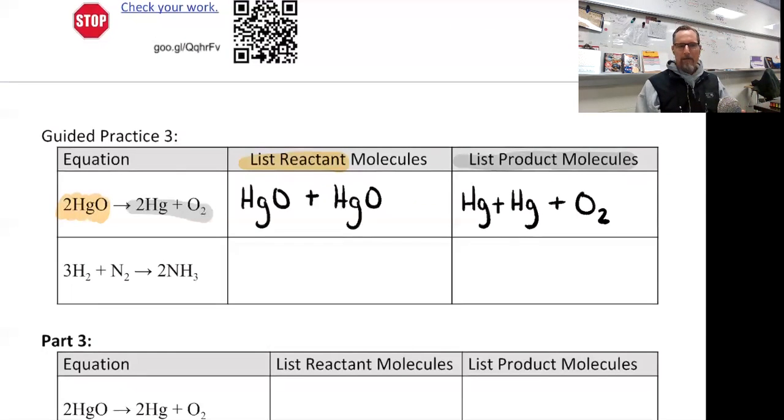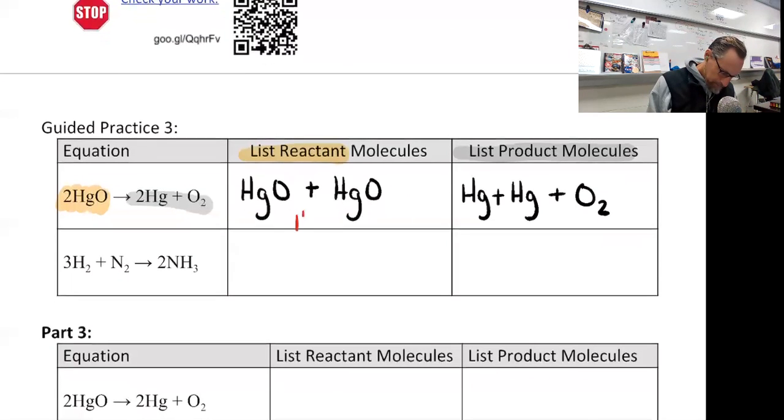So remember, when we talk about this, we want to make sure that the products equal the reactants. The same numbers have to be on each side. And I can see here that that's what's going on. So in my Hg, there are 2 of those over here.